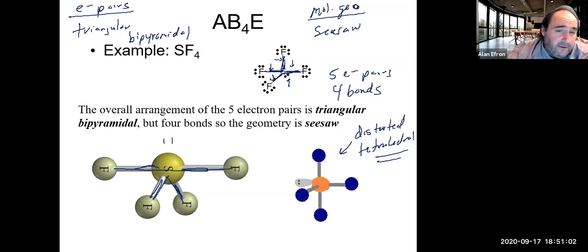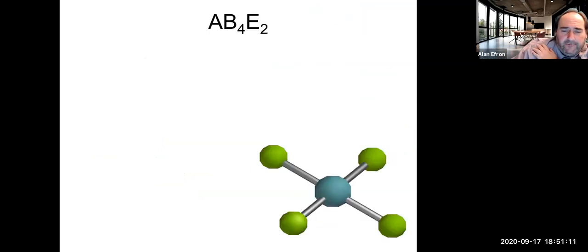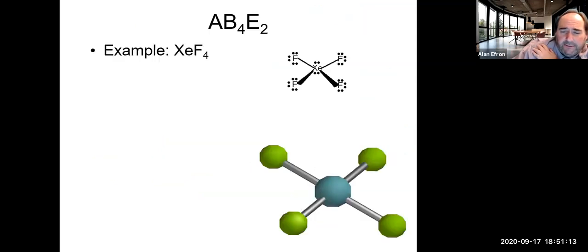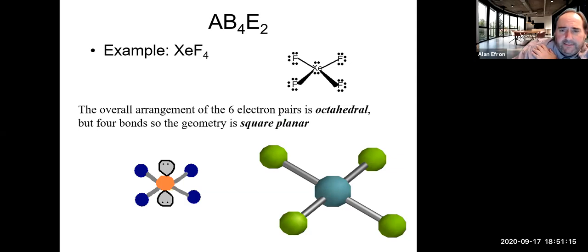So now we're going to move to our other exception to the octet rule, and that's the expanded octet that has 6 electron pairs around it. Our next one with 6 electron pairs has 4 bonds and 2 lone pairs around the central atom.